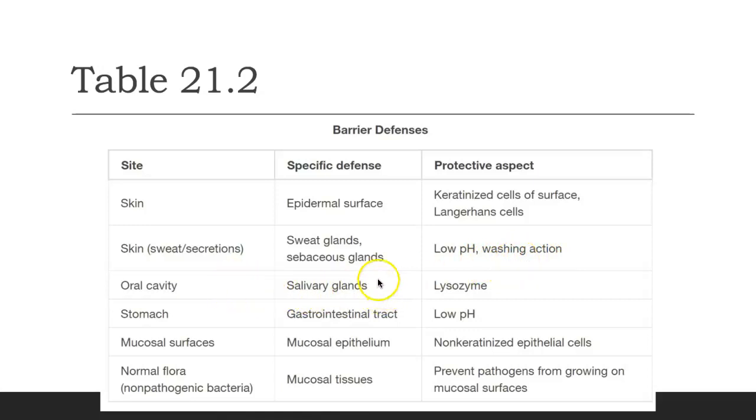Our oral cavity has the salivary glands within it, which contain a chemical known as lysozyme that is going to help inhibit bacteria. Our stomach within our GI tract is very acidic, so we've got low pH there to combat pathogens that cannot withstand that pH of 2. Within our mucosal surfaces, we are going to have that lining our GI tract and respiratory tract, and there we have non-keratinized epithelial cells to protect us.